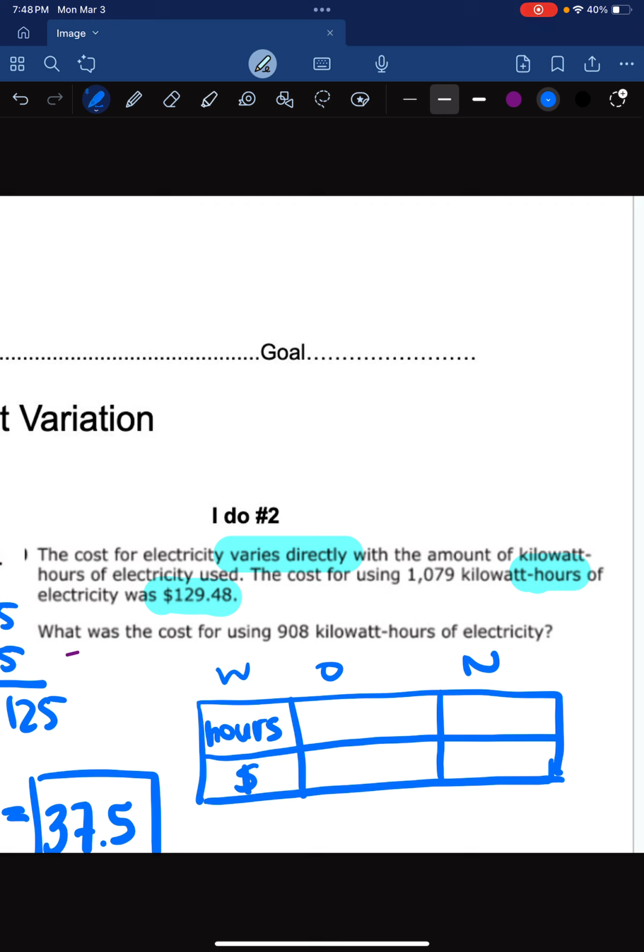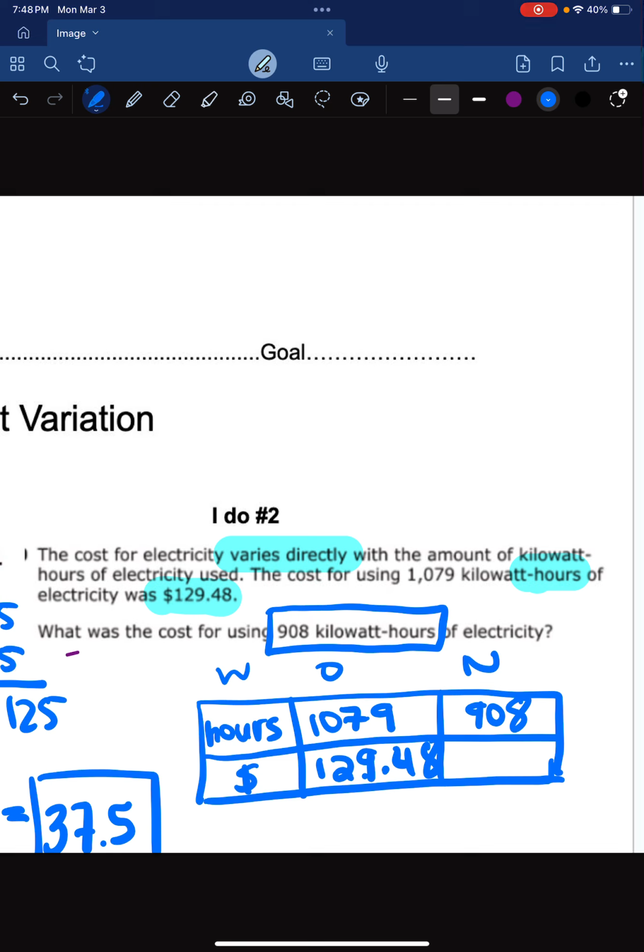Our original numbers are going to be 1,079 hours and $129.48. My new number here is 908 kilowatt hours. It's going to go here.